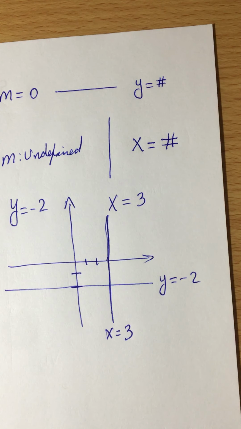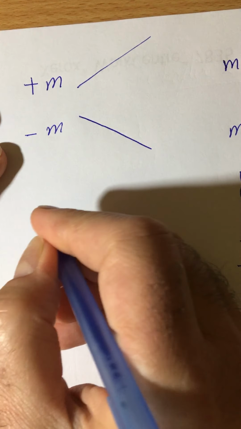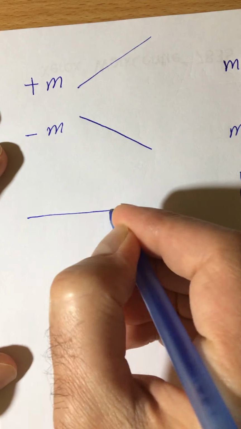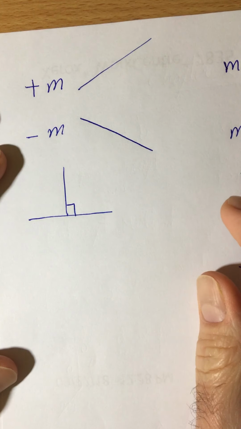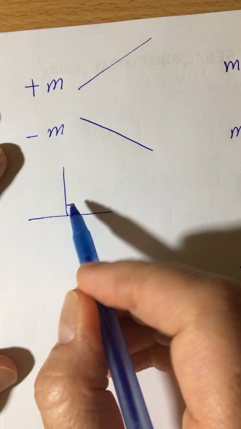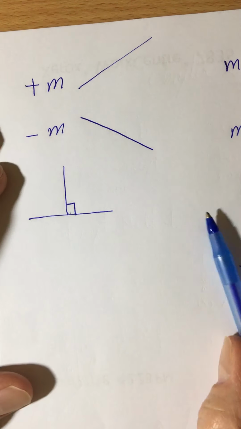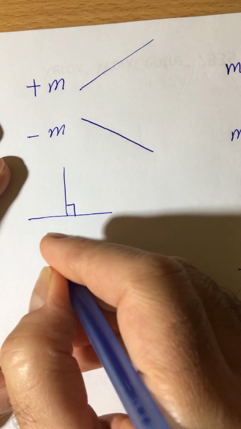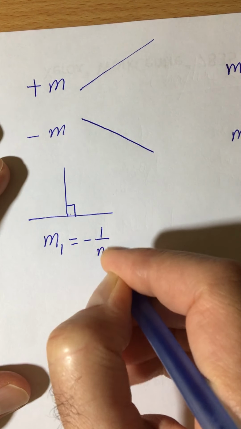Okay. Now, talking about slope, before we go any further, if you have 2 lines that are perpendicular to each other, I hope you remember your geometry. This is the symbol for a 90-degree angle. Remember, if 2 lines are perpendicular, that means they intersect, and at the point of intersection, a 90-degree angle is formed. So if you have 2 lines that are perpendicular, their slopes are negative reciprocals of each other.